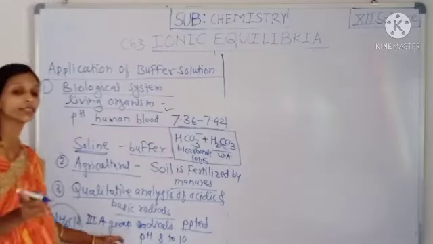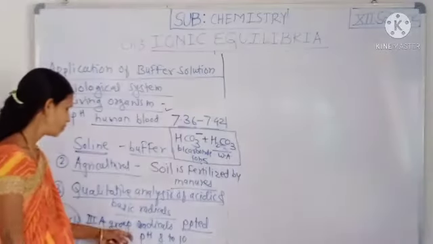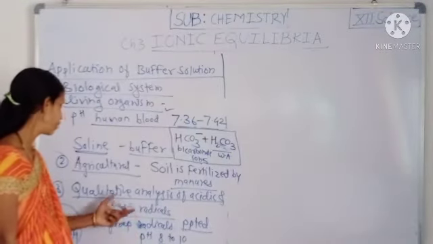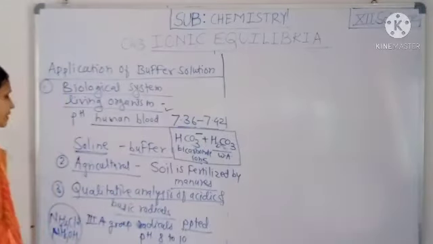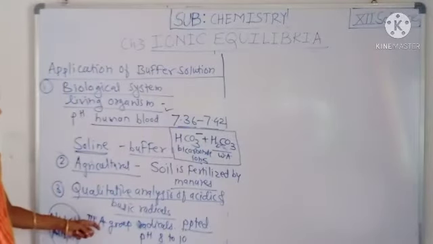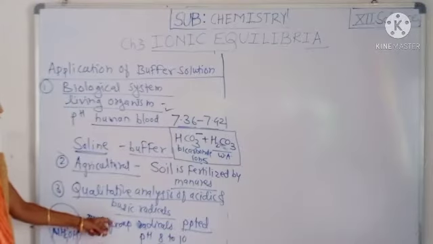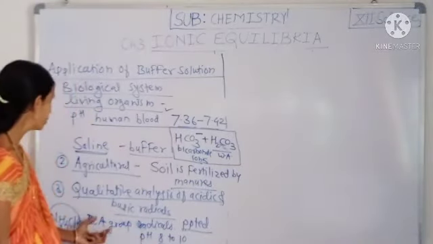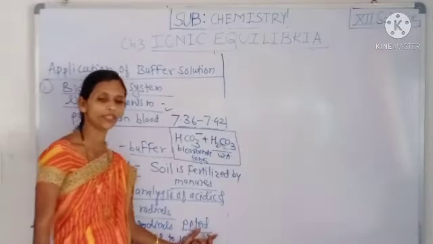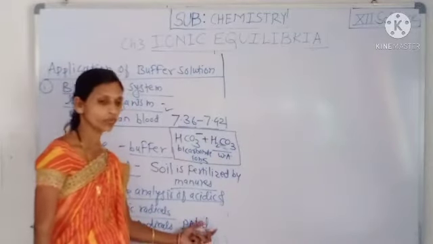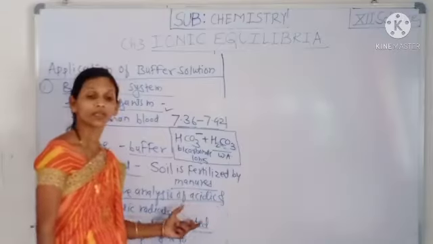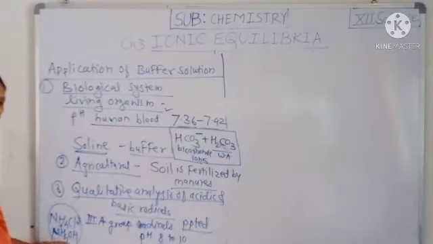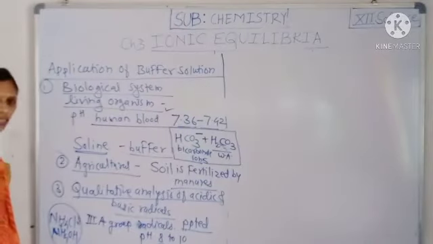Then the basic buffer is added during qualitative analysis of acidic and basic radicals to detect the third A group radicals. At this pH, third A group radicals are precipitated out for detection, that is, a basic buffer of NH4Cl and NH4OH is used in it.